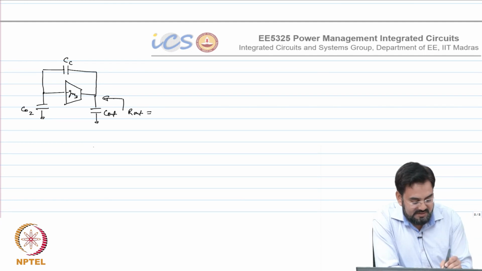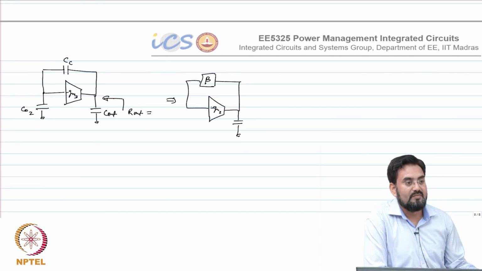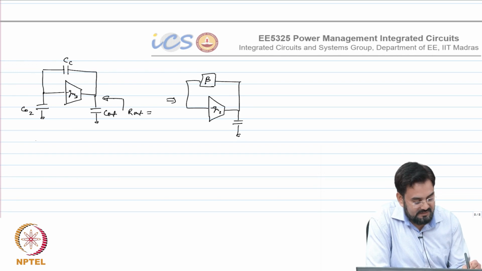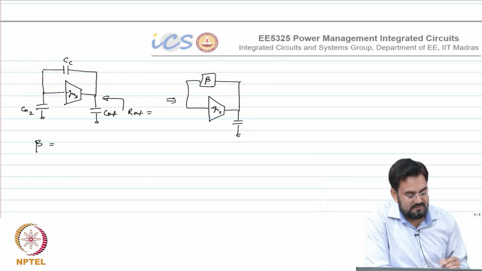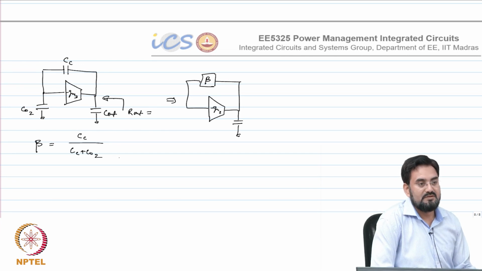So this is equivalent to, okay, and what is beta? Cc by Cc plus CO2.